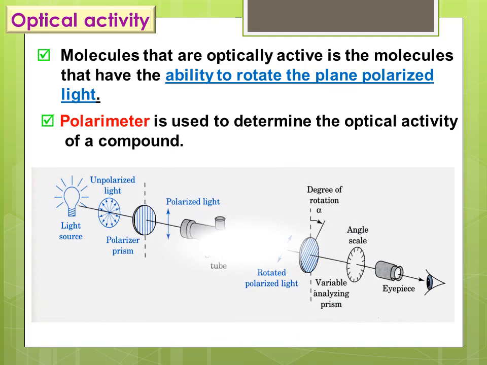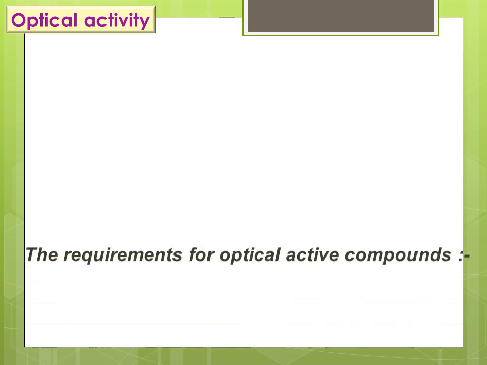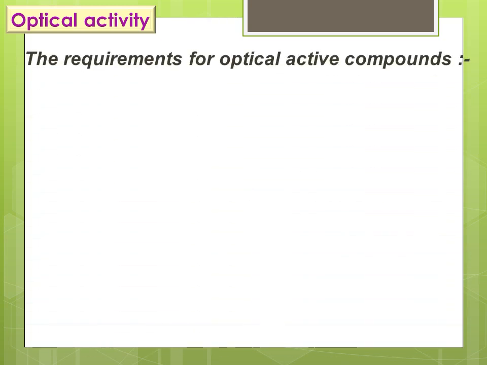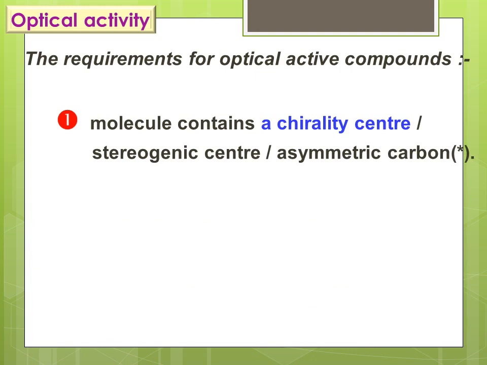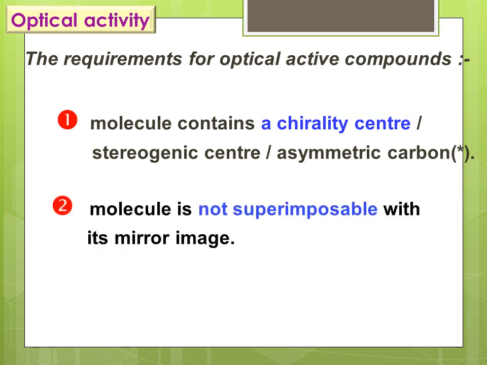A polarimeter is used to determine the optical activity of a compound. The requirements for optically active compounds: first, the molecule contains a chirality center or stereogenic center or asymmetric carbon. Second, the molecule is not superimposable with its mirror image.